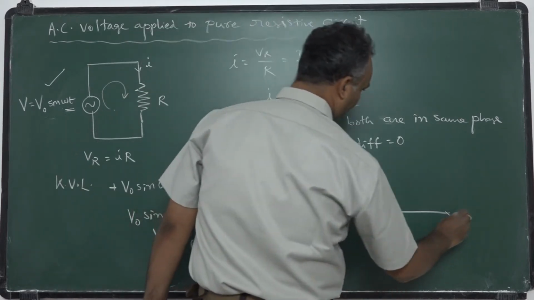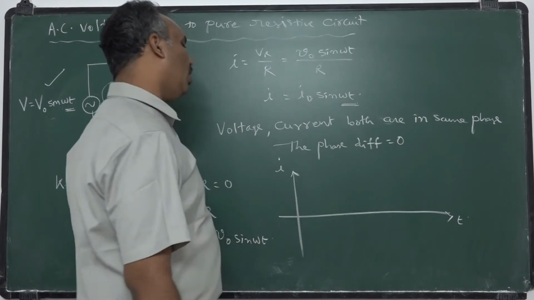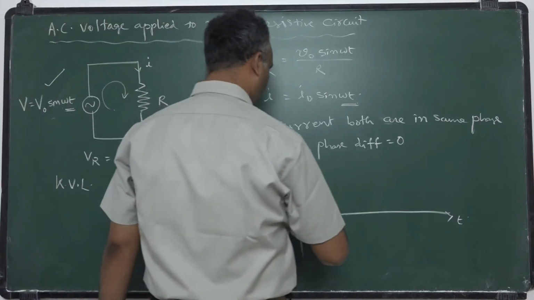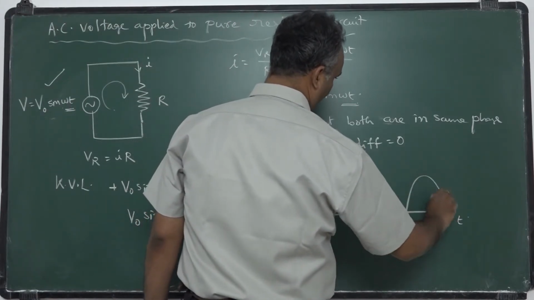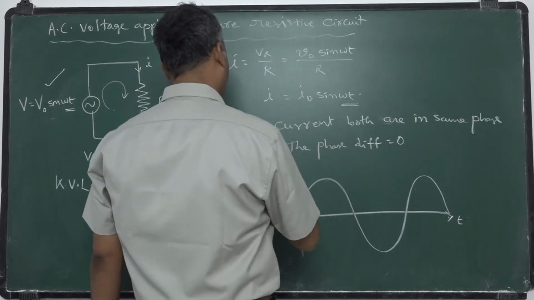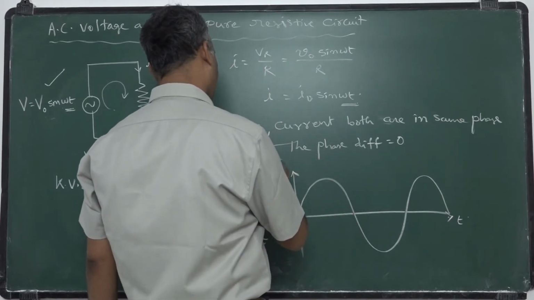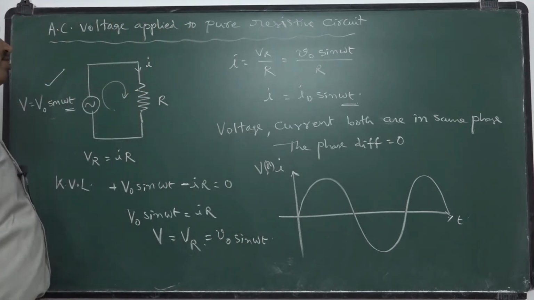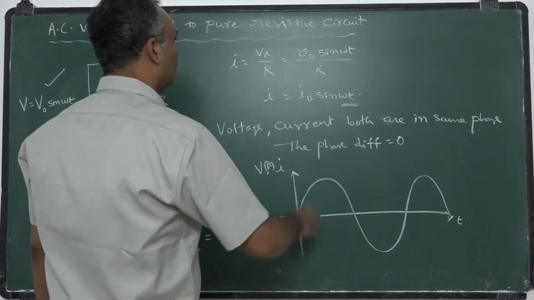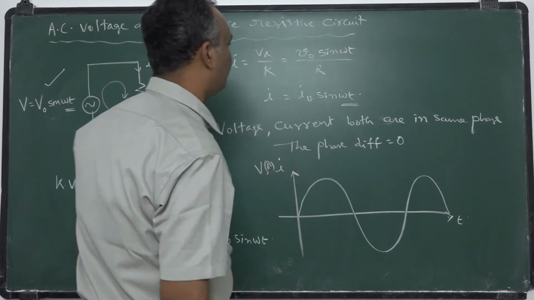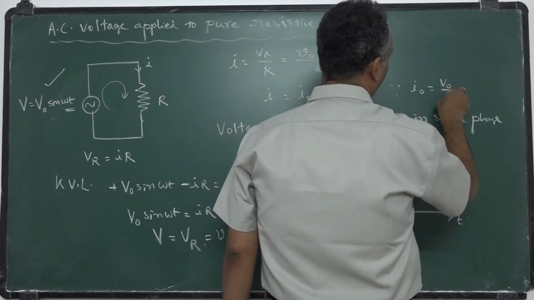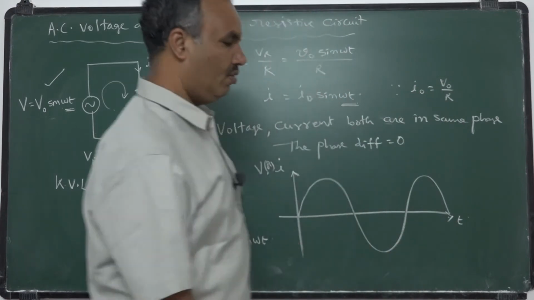This is current and time and voltage and time. Voltage is clearly V naught sin omega t. It's a pure sine curve like this. Here I can take either voltage or current. If I take current, the peak value of current is the peak value of voltage by resistance, which is definitely less than the V naught value.